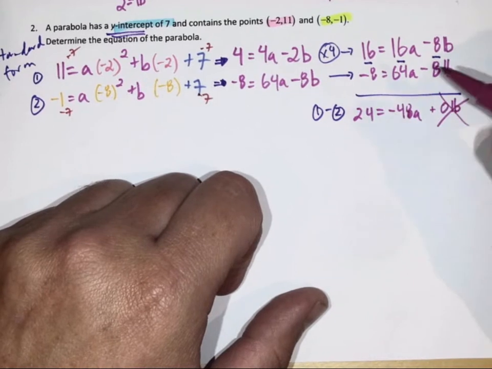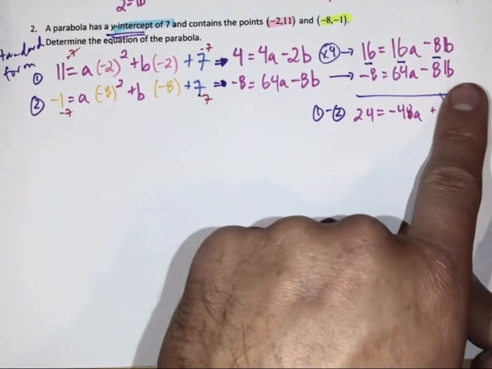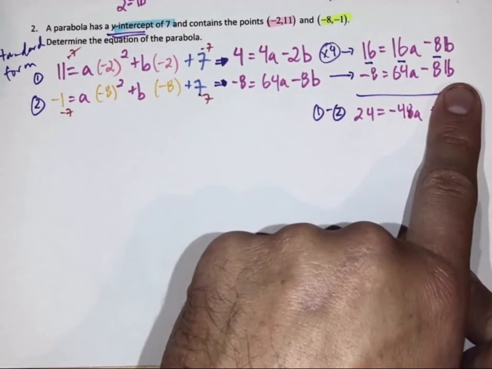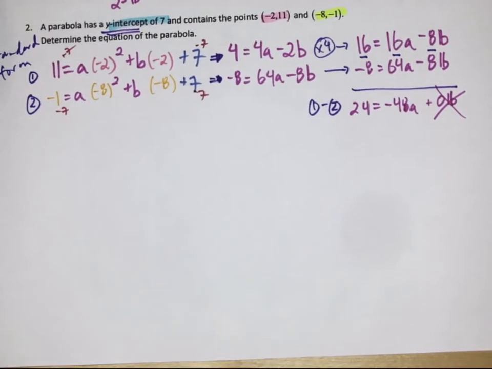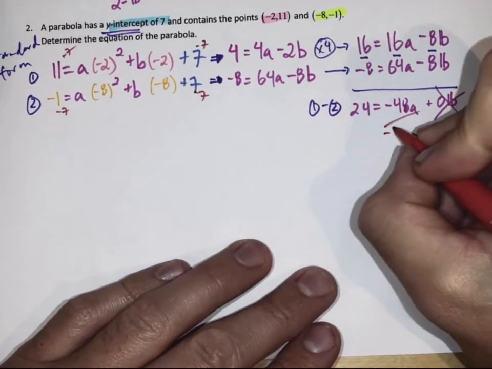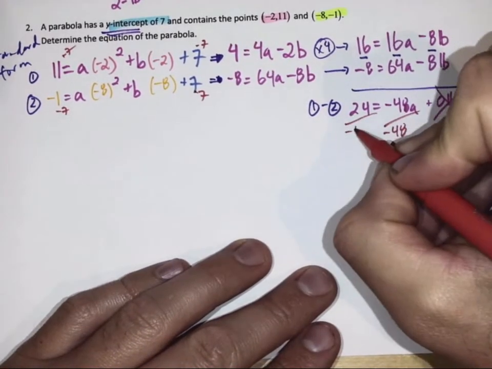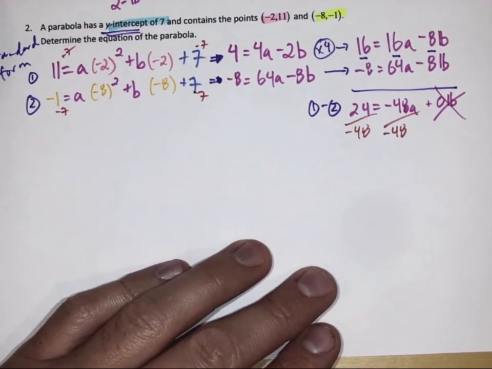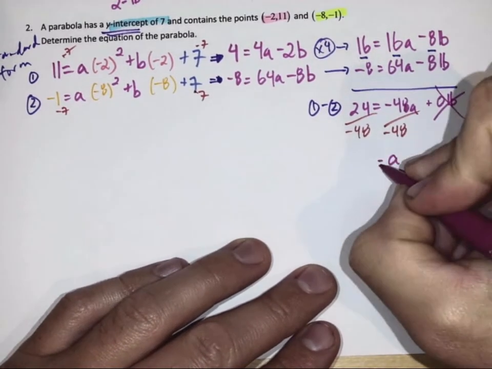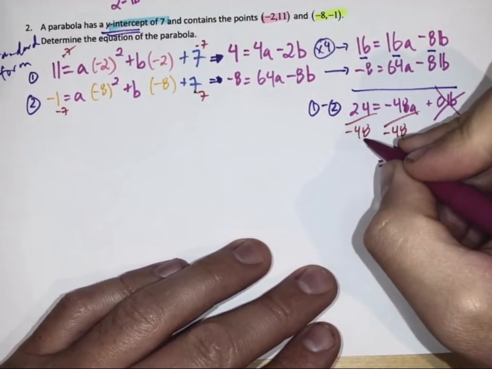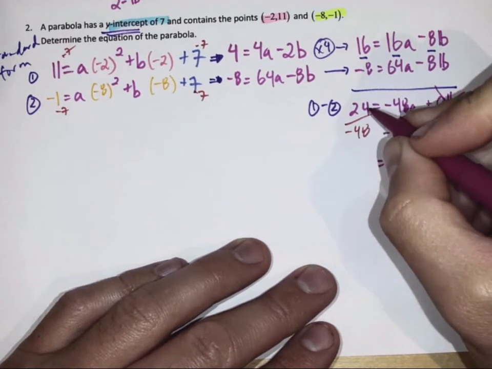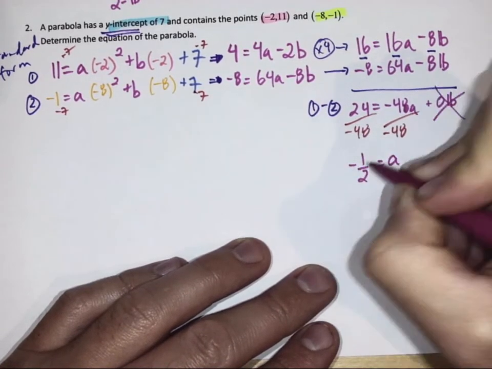Again, I don't need to write that, and I've eliminated one of my unknowns. Now solve for what's remaining. Divided by negative 48, divided by negative 48, and a is negative 24 over 48. We can reduce that to negative 1/2.